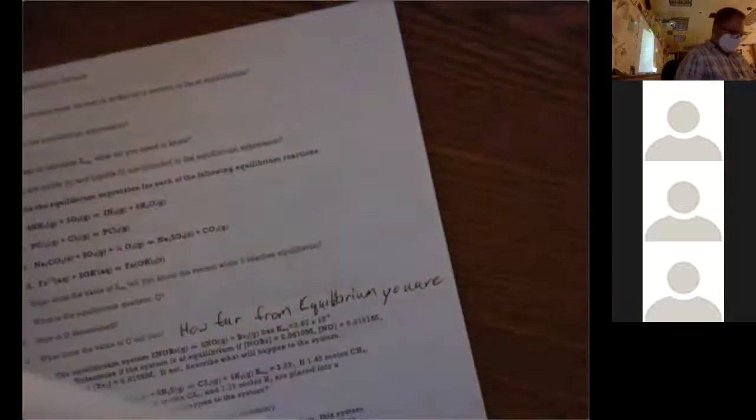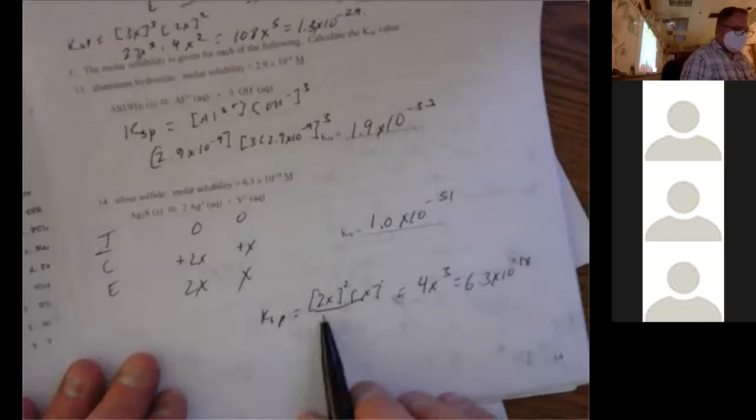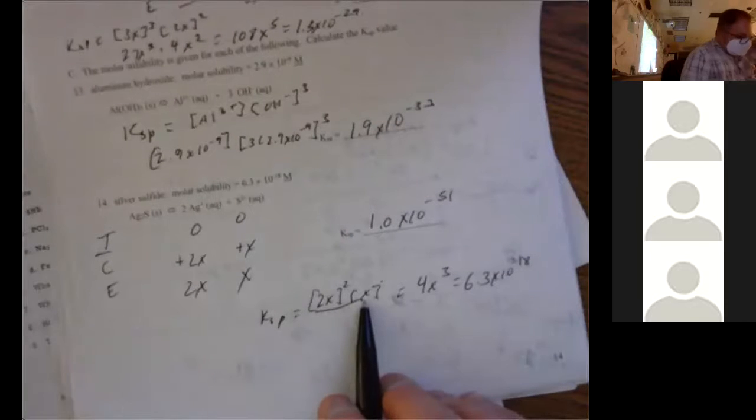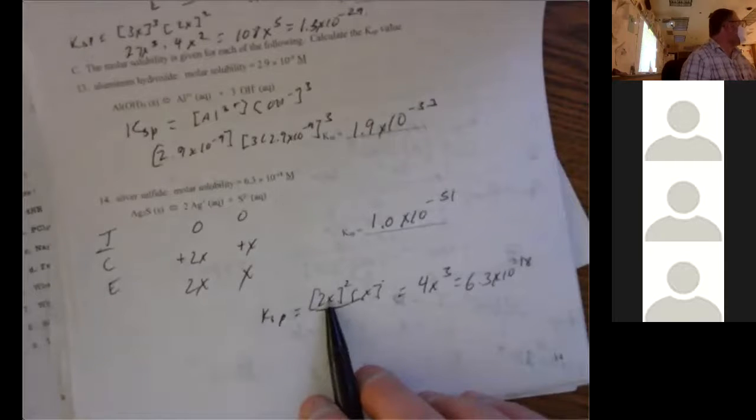I think that's similar to what you guys are having trouble with. Okay, I see what you're saying. Right here, we have 2x squared and then x. So yes, this 2x is that concentration. And in the other problem, it is just x. It's not 2x. It is the concentration.